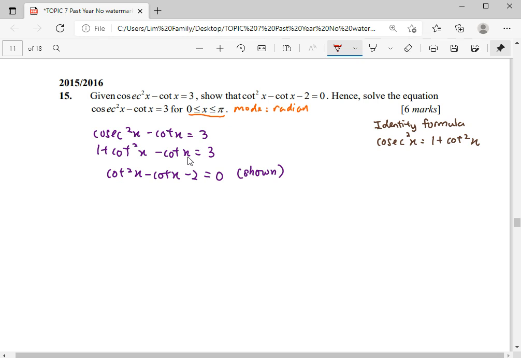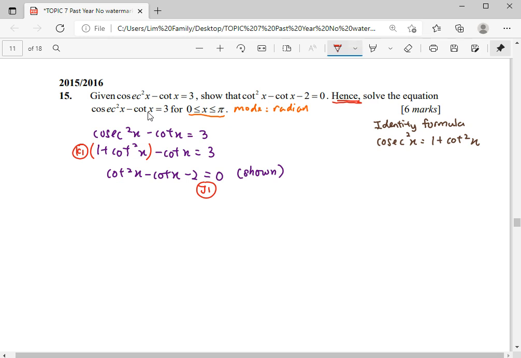Just simple things: the identity formula is 1 mark, and simplifying to get this equation is 1 mark. And then the question said hence. Hence means we use this information to solve the equation.